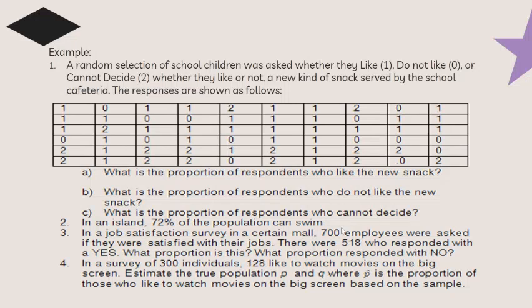Let's have example number 4. In a survey of 300 individuals, 128 like to watch movies on the big screen. Estimate the true population proportion P and Q, where P hat is the proportion of those who like to watch movies on the big screen based on the sample.